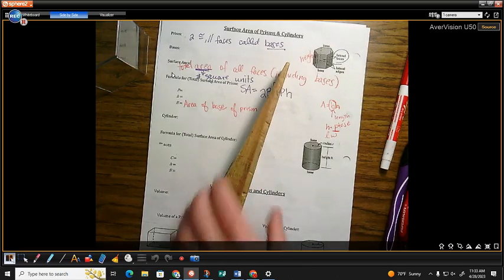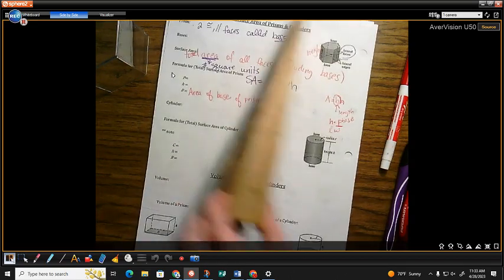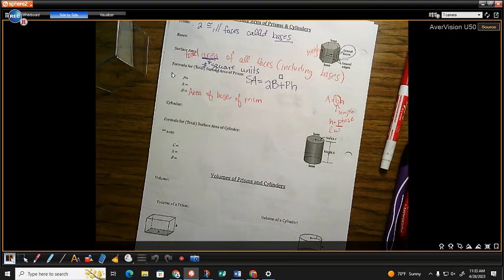What shape is this? Triangular prism. See, the base on top and the base on bottom are triangles, and then these long, skinny rectangles are the lateral faces.